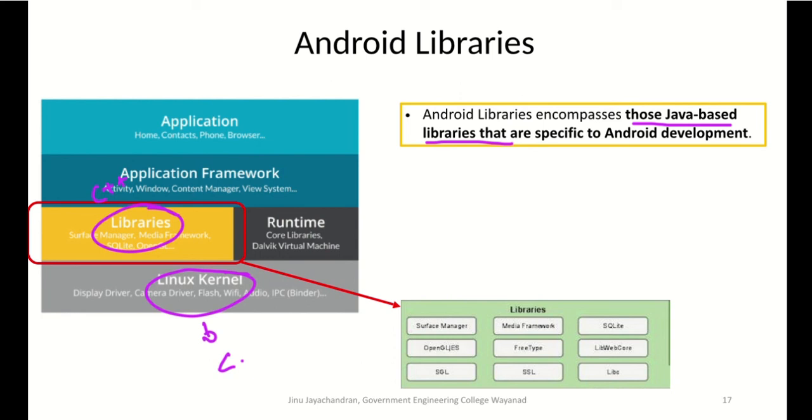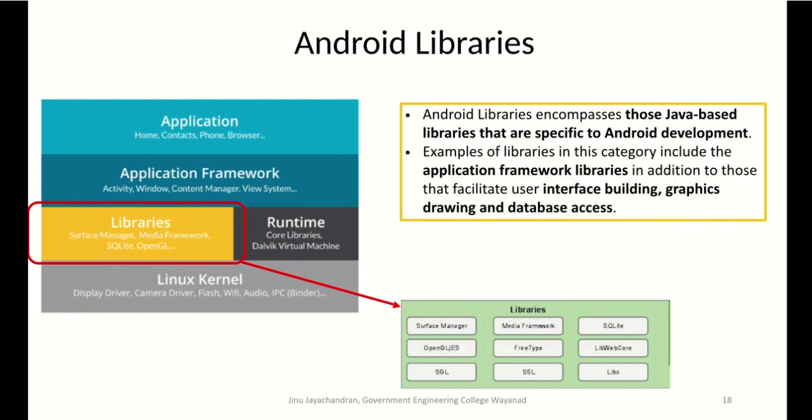But you can also have Android libraries written in Java in this library module. So if you are not an application developer but an Android developer, then you can write your own Android libraries which will help any application developer to interact with the Linux kernel easily.